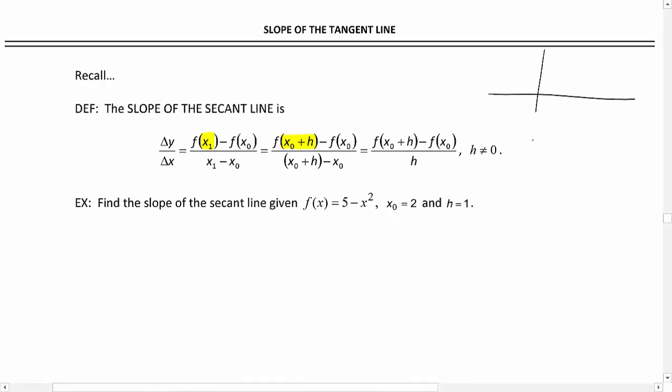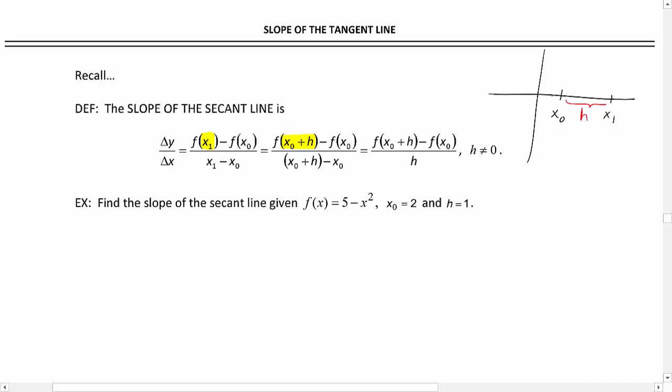See, if I put it on the number line here, if this is our x sub 0 right here, and then x sub 1's here, there's a distance of h in between them, so we could call x1 this x sub 0 plus h.